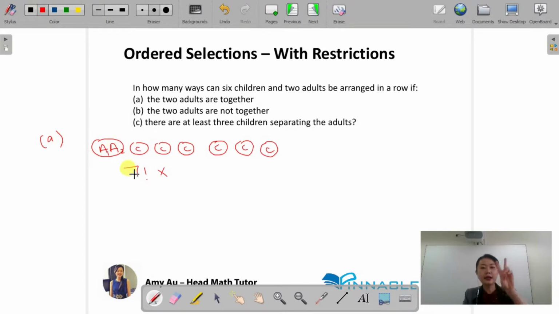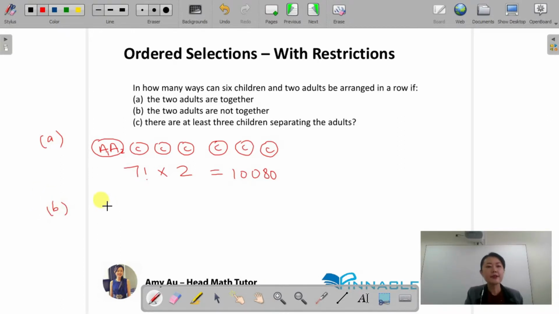So they can swap positions. So times 2. That's it. So that should give you 10080.